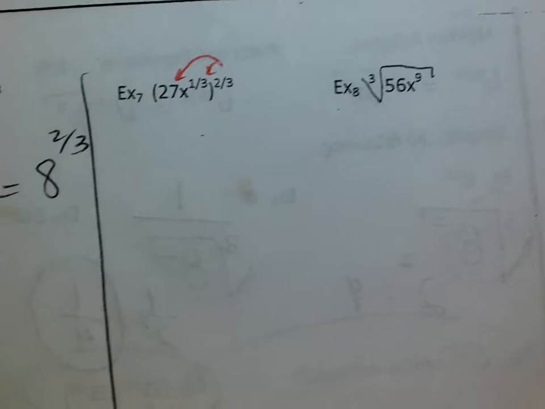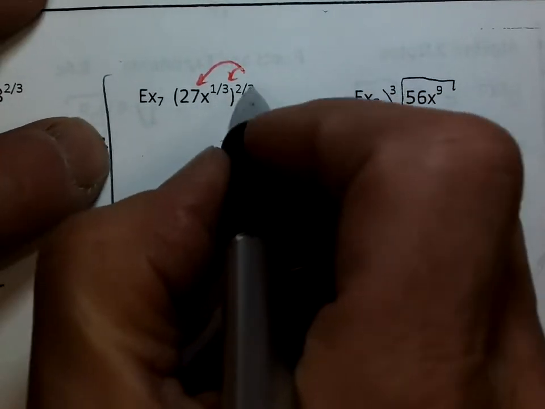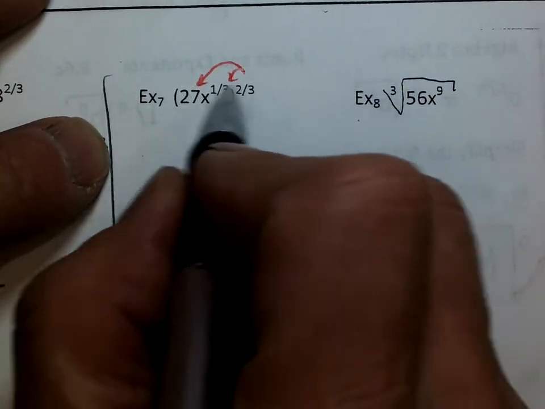Okay, example 7. Now we're going to be a little bit careful on example 7. It's kind of like distribute. This is going to go to the 27 and to the x to the 1/3. I'm going to bring the 2/3 exponent to both of them.